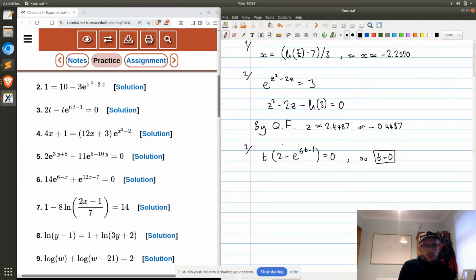There's one solution. No, that should be positive. Ln 2 plus 1 over 6. 0.282.